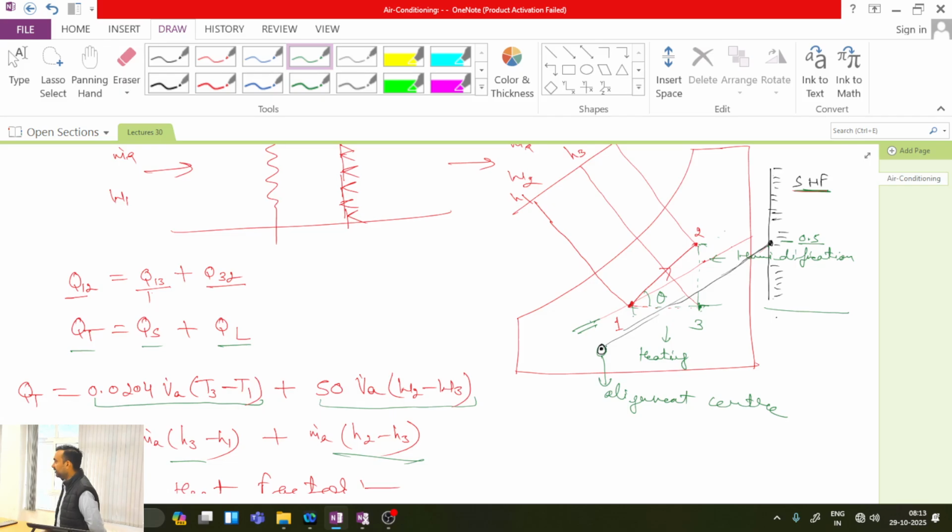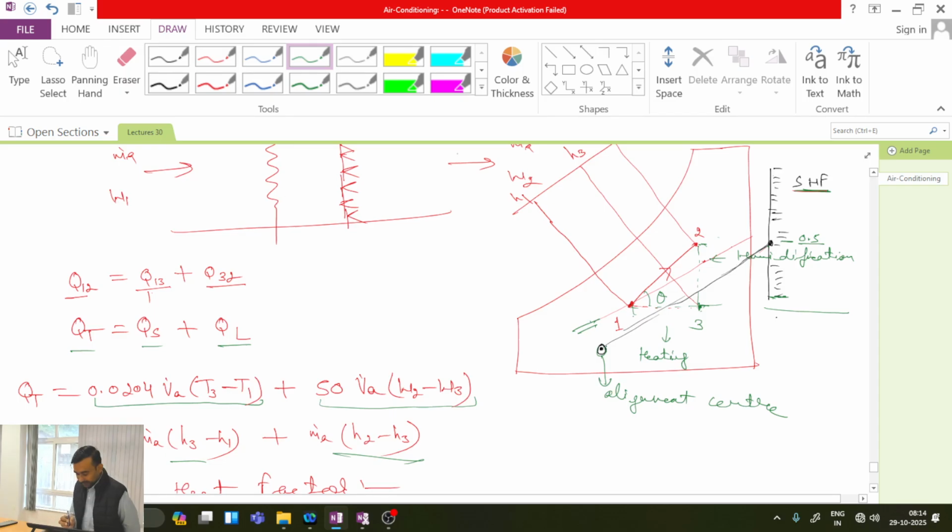What is its utility? Why is it given in the psychrometric chart? Other than that, let me also clarify this point. You will find in some psychrometric charts that this type of sensible heat factor scale is not there.